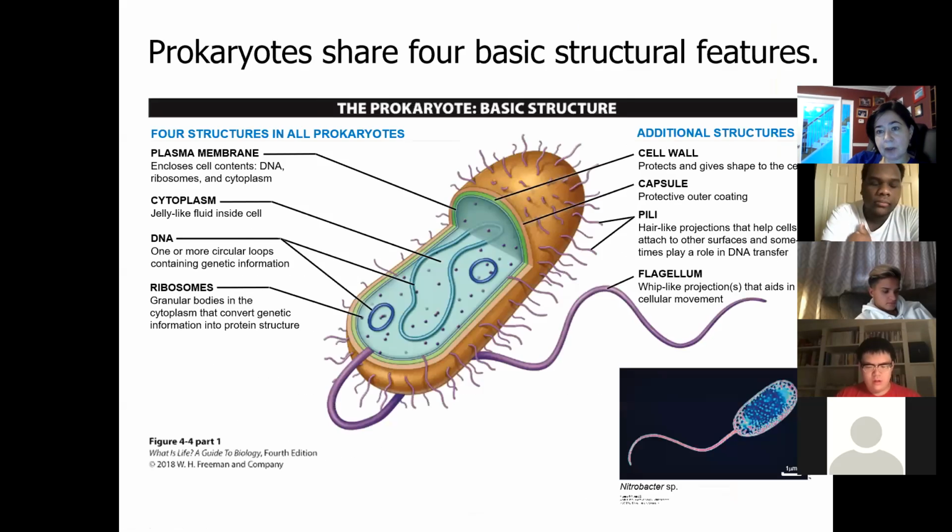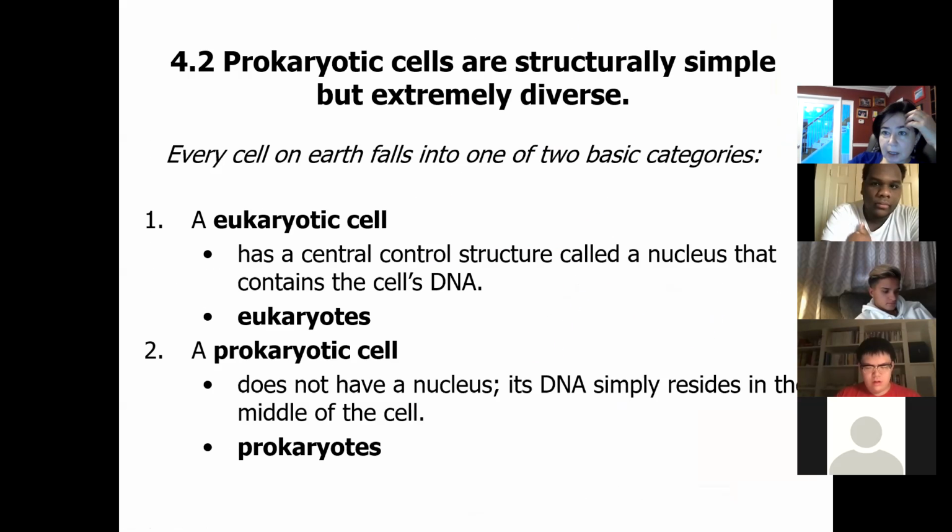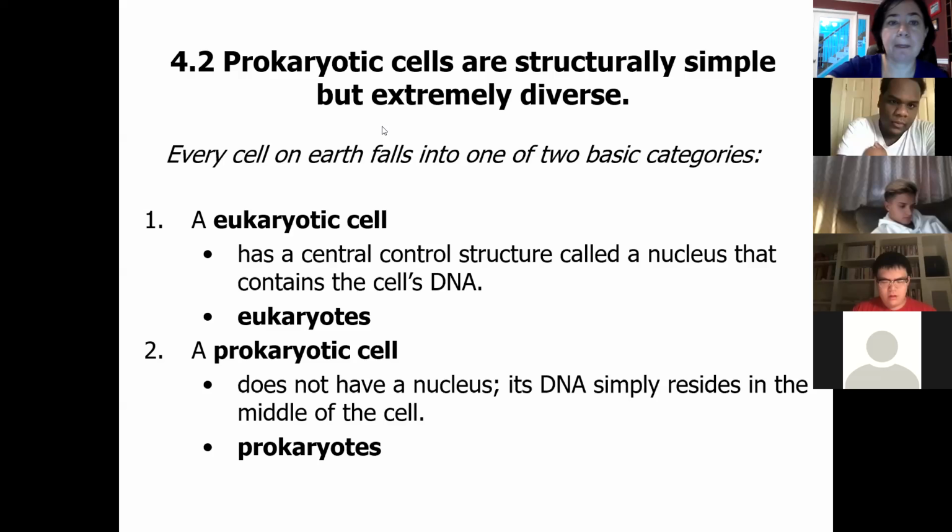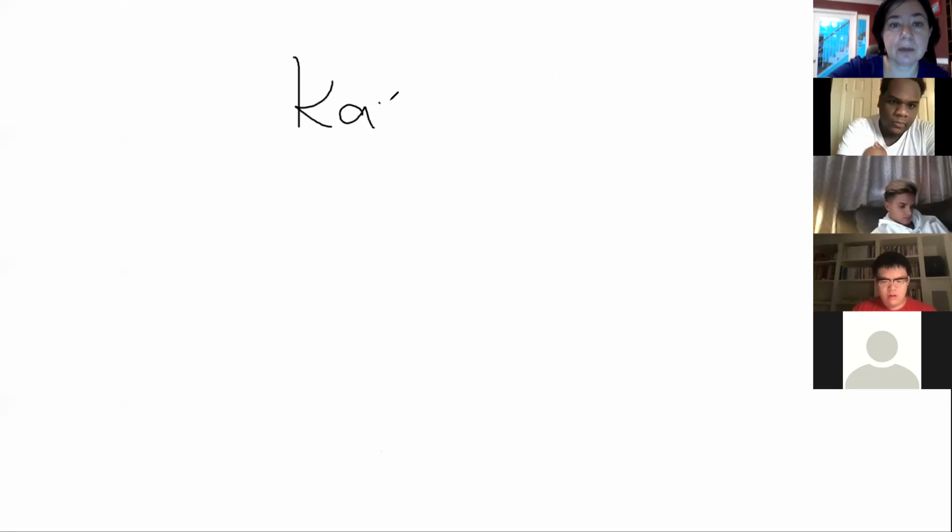Okay, now once we talk about cells, cells in this world are divided into large groups or categories. There are cells called eukaryotic and cells called prokaryotic. So what is it about? Let me share the whiteboard. So karyo means nucleus.